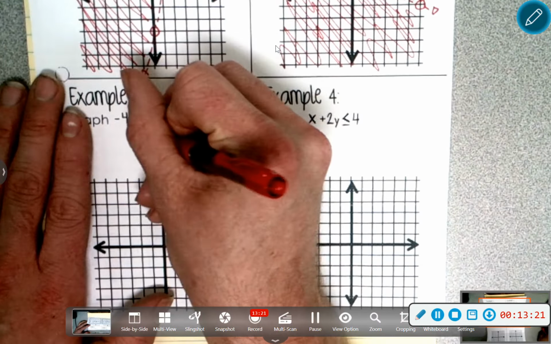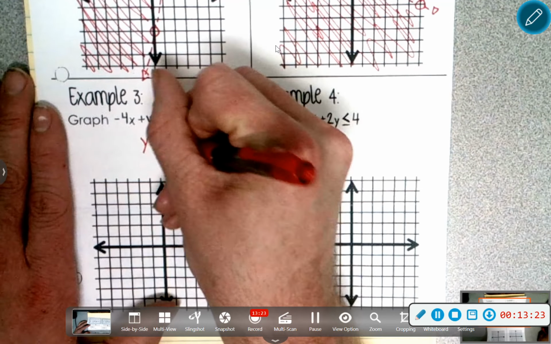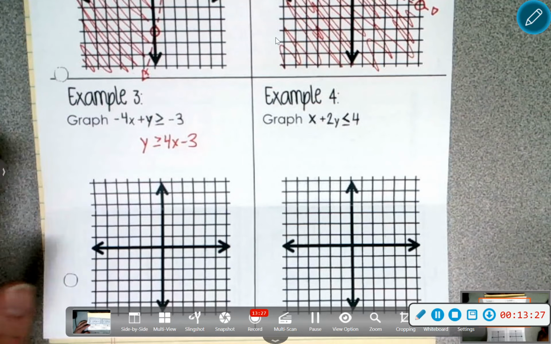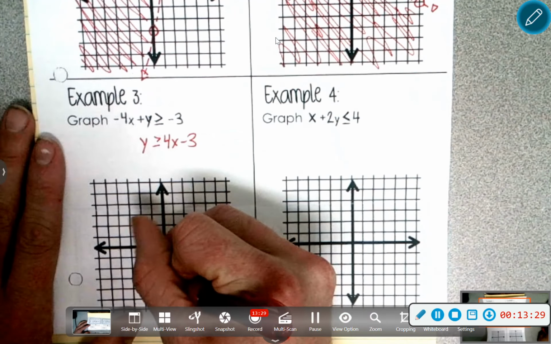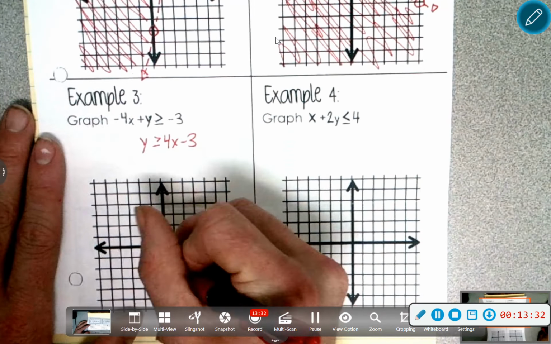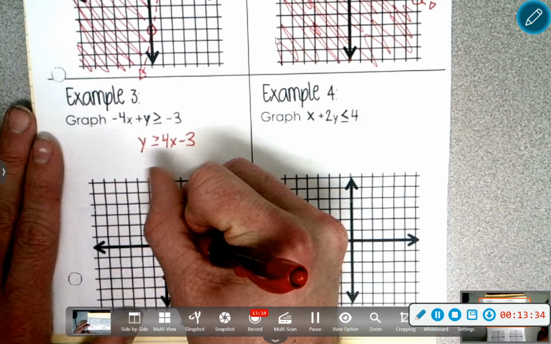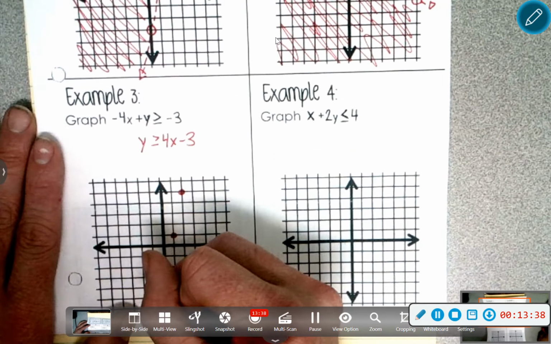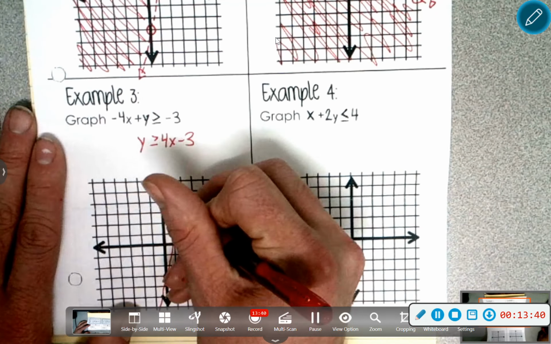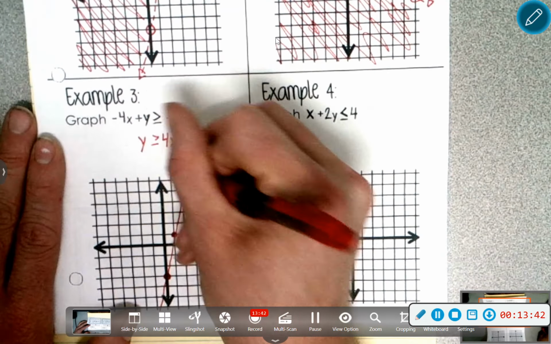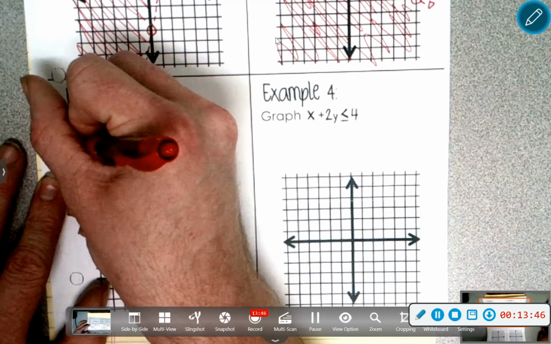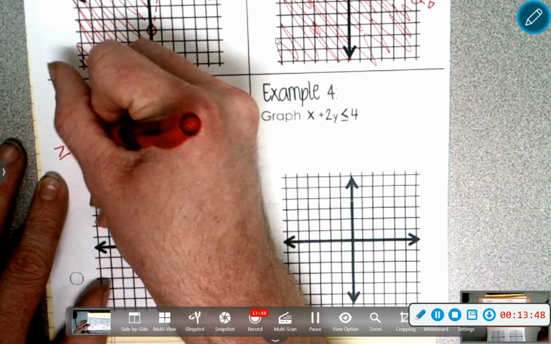So quickly, here is the first equation in slope-intercept form. I'm going to graph my y-intercept. I'm going to rise up 4, right 1, up 4, right 1, and then I'm going to draw a solid line because it is greater than or equal, so it gets a solid line.